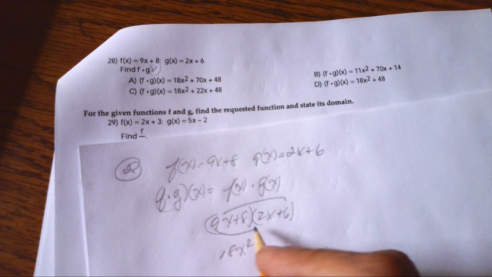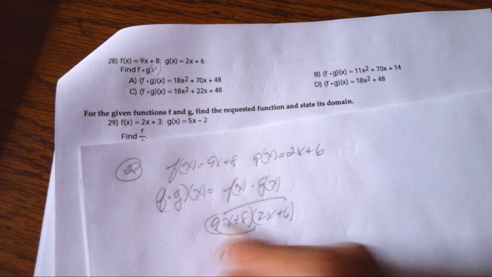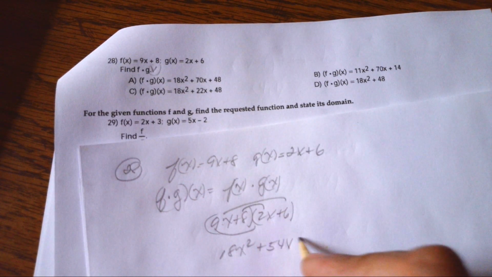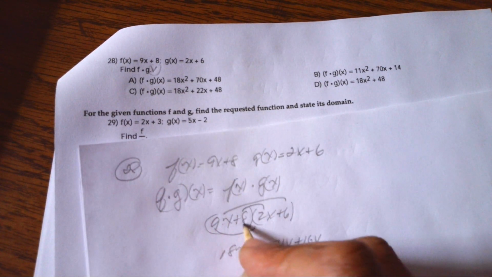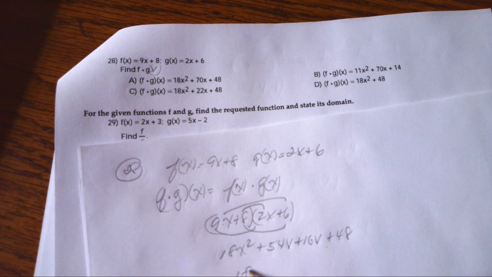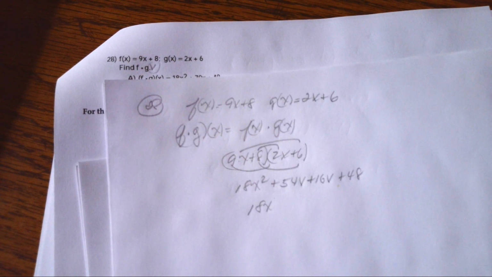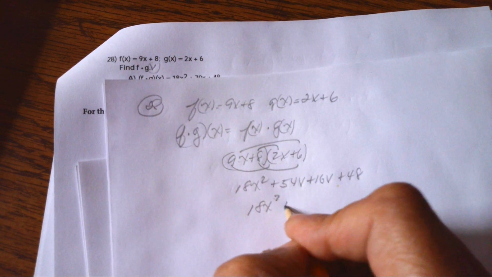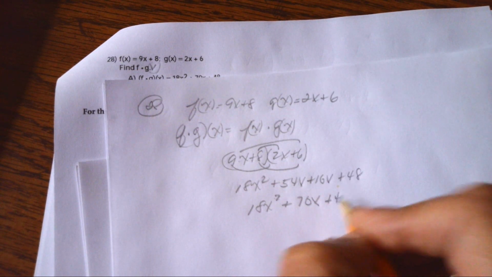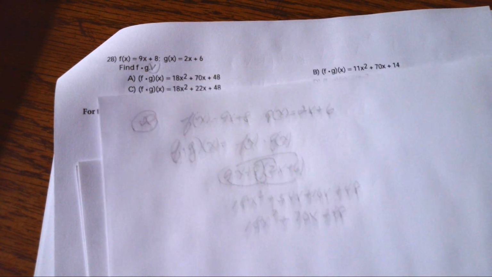Up top here I've got 54x. In the middle I got 16 more x, and then my product of my last terms is a 48. So 18x squared plus, looks like 70x plus 48.